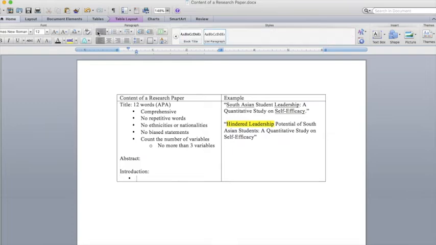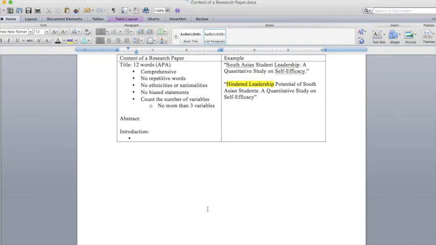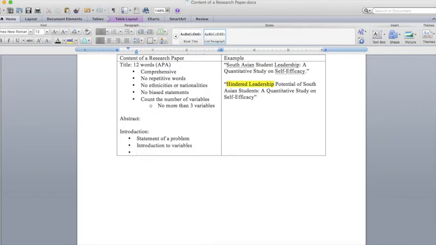Now what are we going to include in our introduction? The first thing is the statement of a problem. The next one is the introduction to variables, introducing my variables, right?